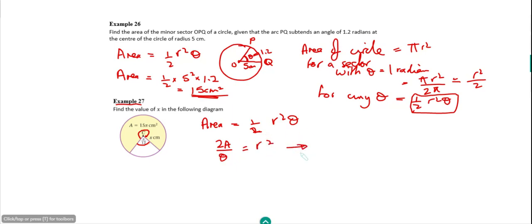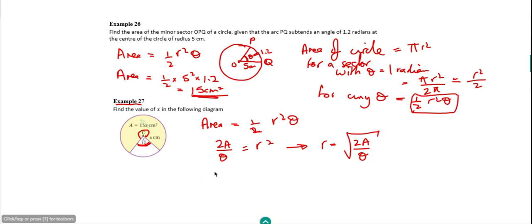And then from that, I can just square root both sides, and I get that r is equal to the square root of 2A over the angle theta. But what we've got to do is find the angle theta there, because this is the minor sector and we're interested in the major sector there.